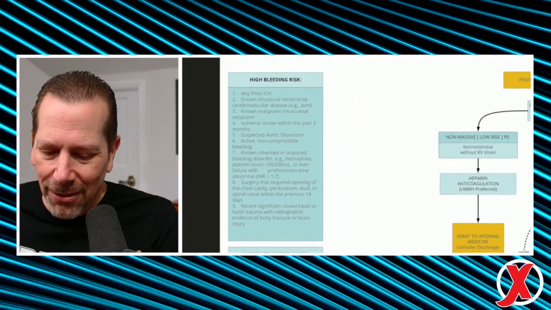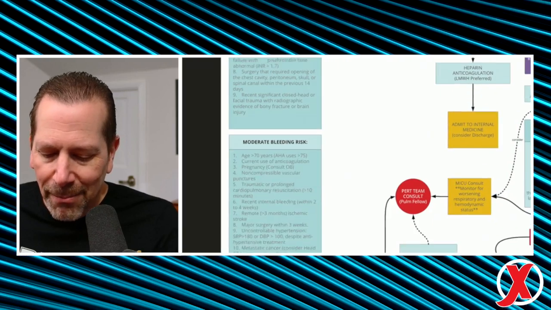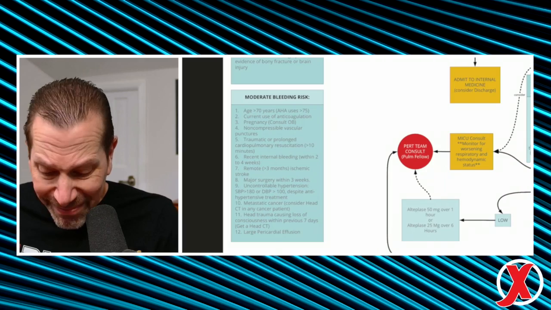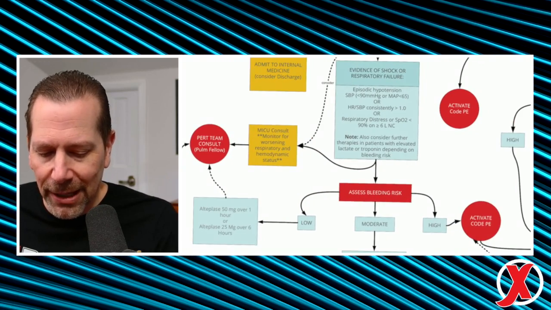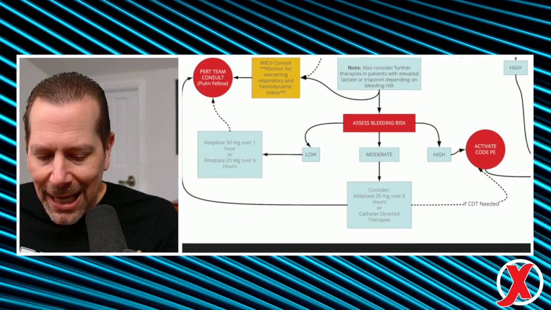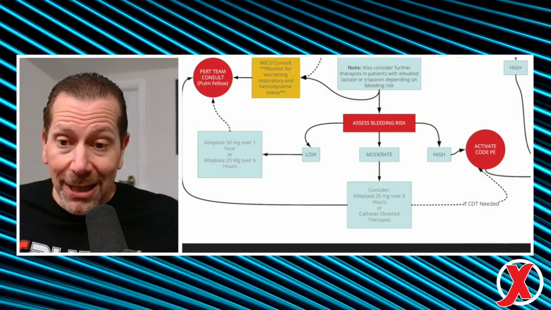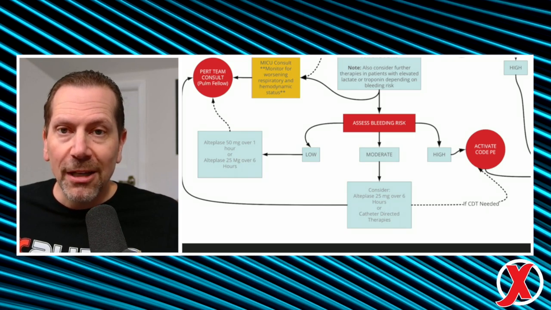So, high bleeding risk is things like previous ICH, et cetera. I'm not going to go through all of it. Moderate bleeding risk is, age gets in there. And then the minor bleeding factors, uncontrolled hypertension, et cetera, right? So based on that categorization, low, we're going to talk about some actual fibrinolysis. Now, you could send those patients to interventional radiology.